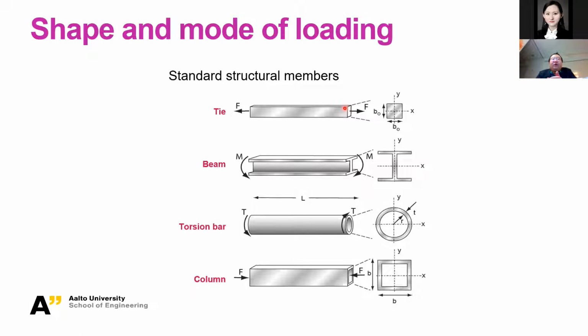So first of all, we need to know that when we design the shape, we don't design for a general purpose. We have to design the shape according to the mode of the loading.